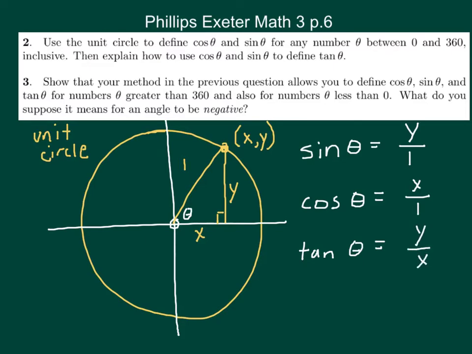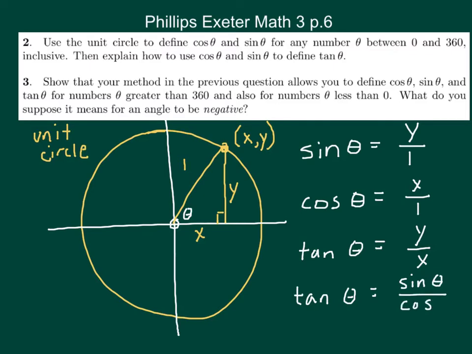So tangent of theta is y over x. But it says I want to use it in terms of sine and cosine. Well, what was sine theta again? Y, right? Y over 1 or y. And what's cosine theta? X. So what would tangent theta be in terms of sine and cosine? Yep, sine over cosine.